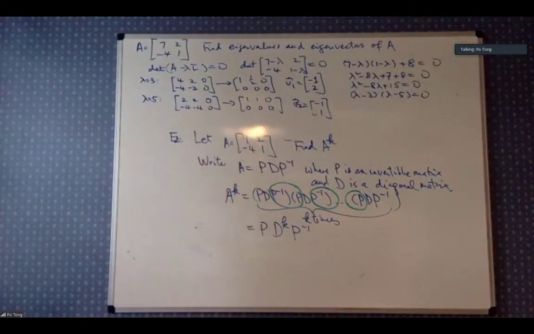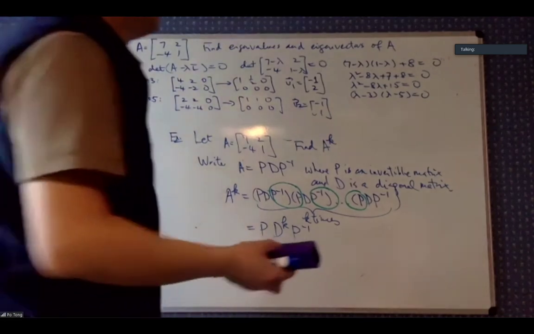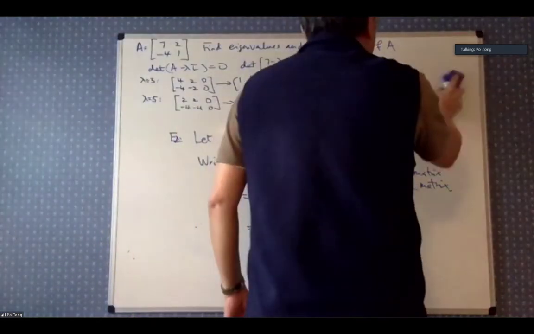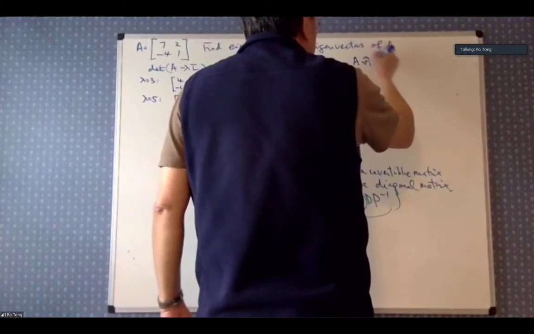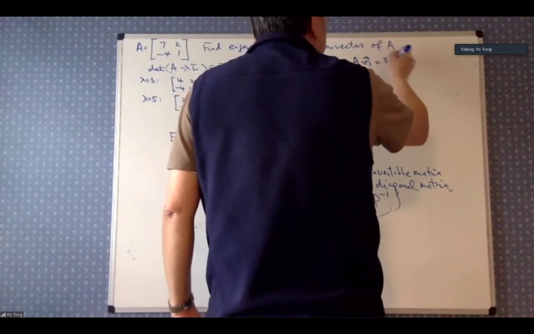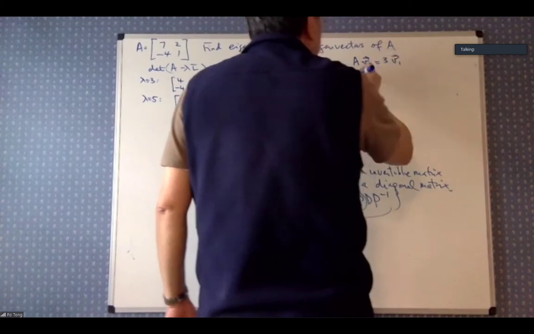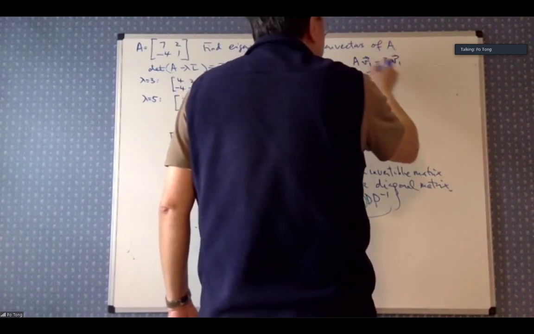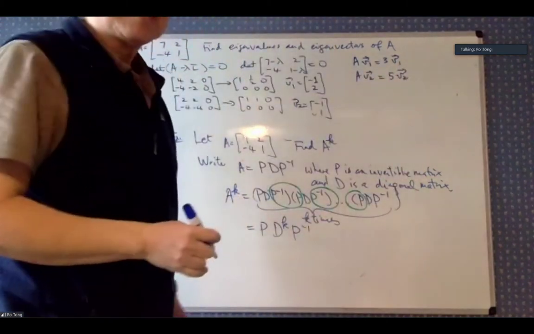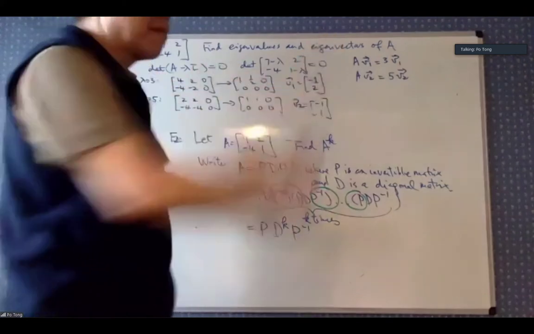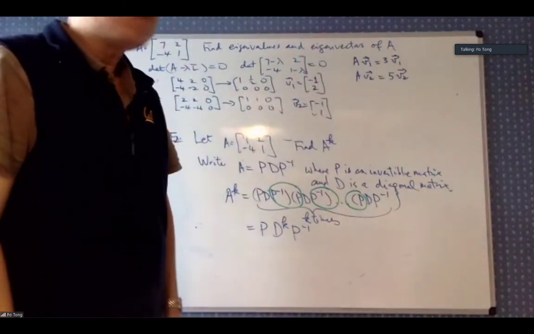Okay? Now what we have is the following. A times V1 is equal to 3 times V1. A times V2 is equal to 5 times V2. Okay? That's the definition of eigenvalues and eigenvectors.